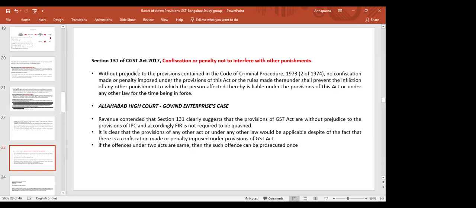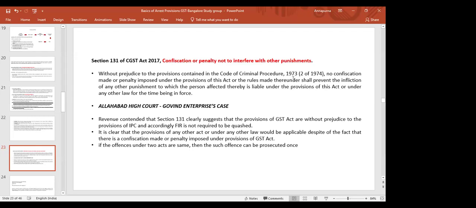So I thought, let me try to read in detail. Here it is saying, without prejudice to the provision of Code of Criminal Procedure, no confiscation made or penalty imposed under the provision of this act or rules made thereunder shall prevent the infliction of other punishment to which the person affected thereby is liable under the provision of this act or under any other law for the time being enforced.